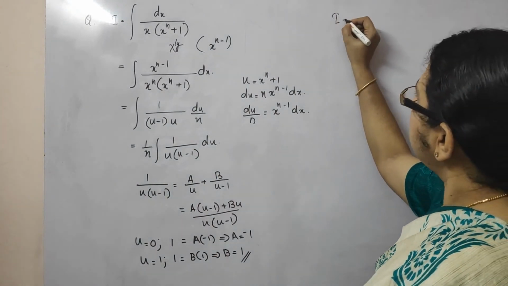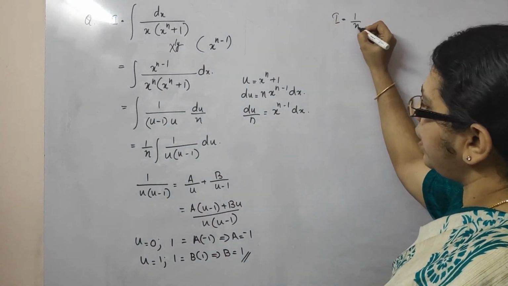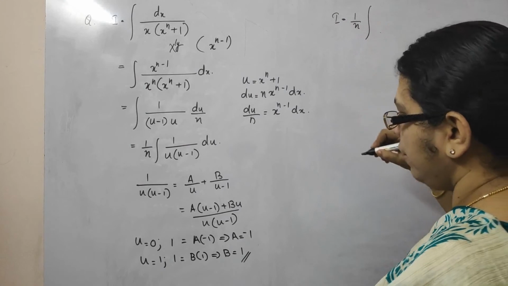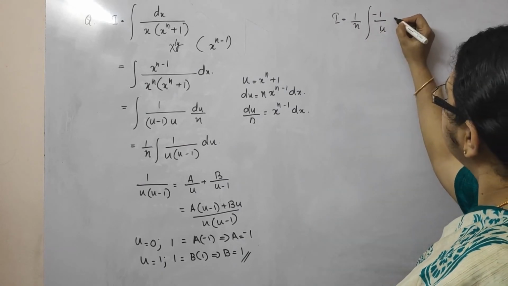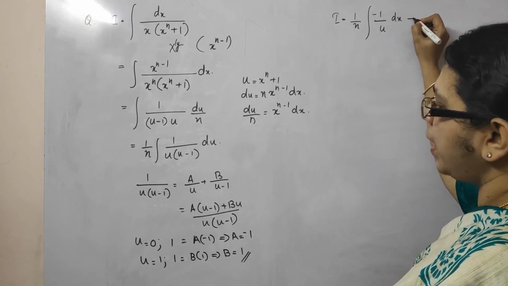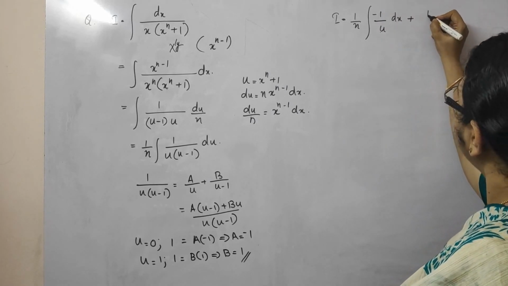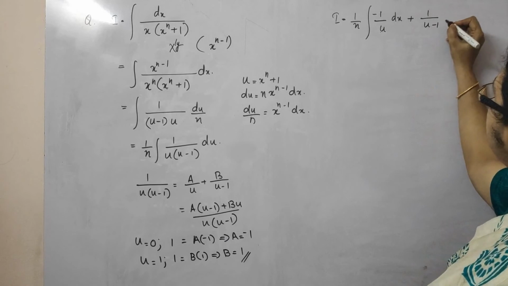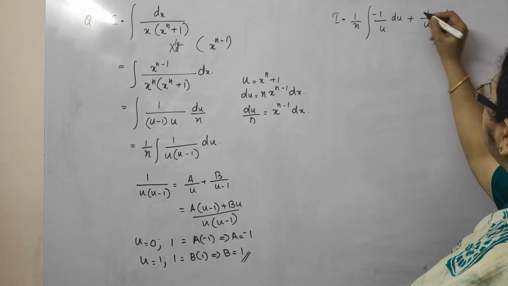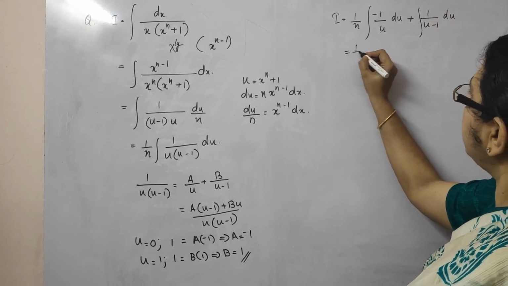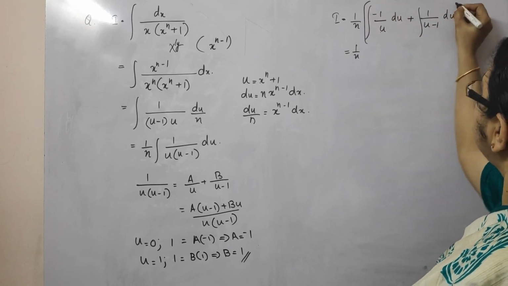So I is now equal to 1 by n into integral of minus 1 by u du plus, what is the value of b? 1. 1 by u minus 1 into du. Okay, so 1 by n is common to both these terms.